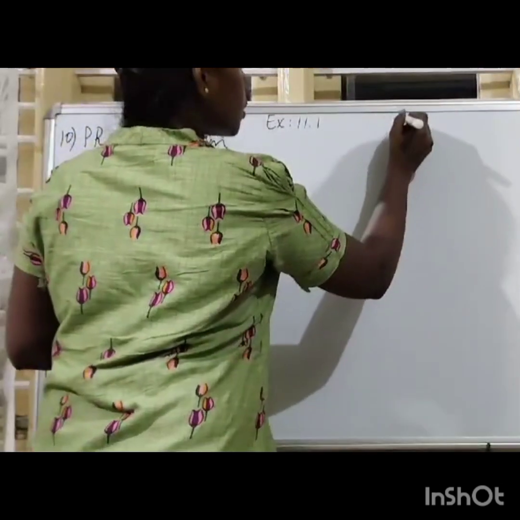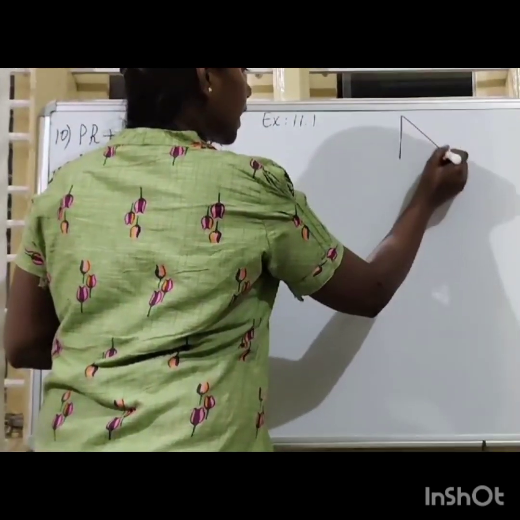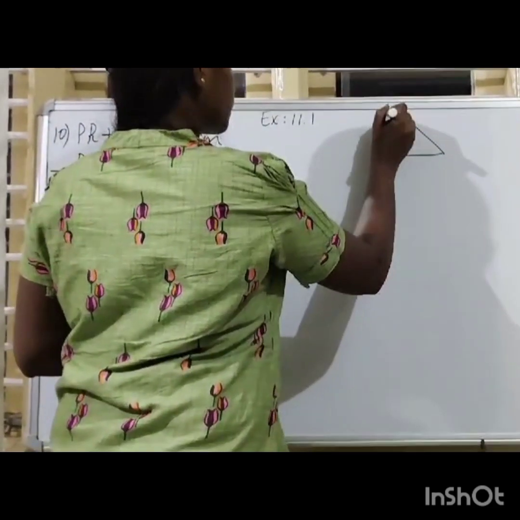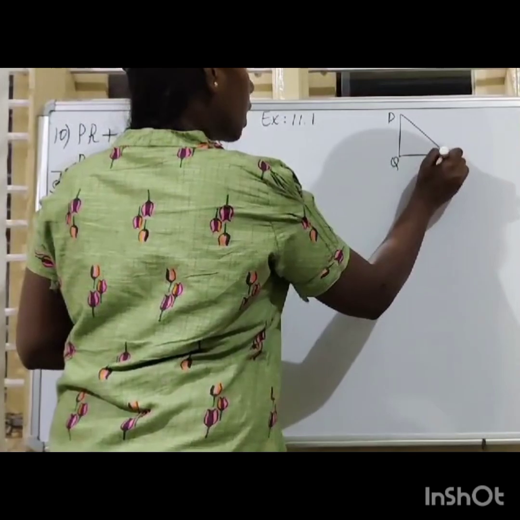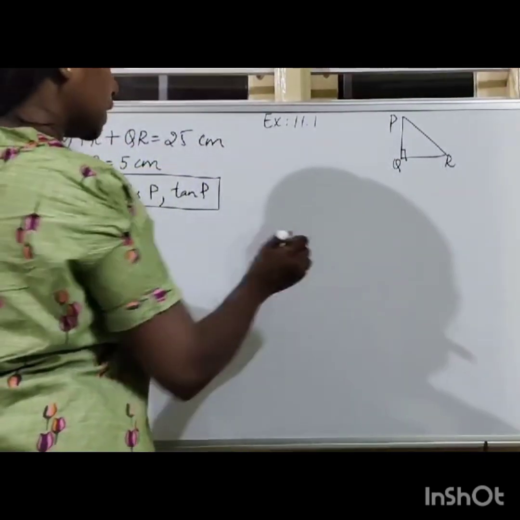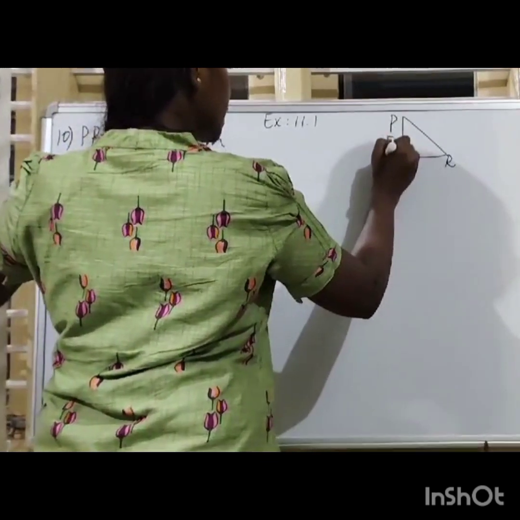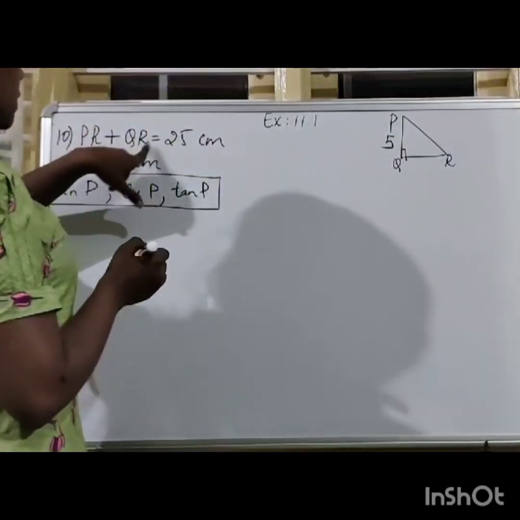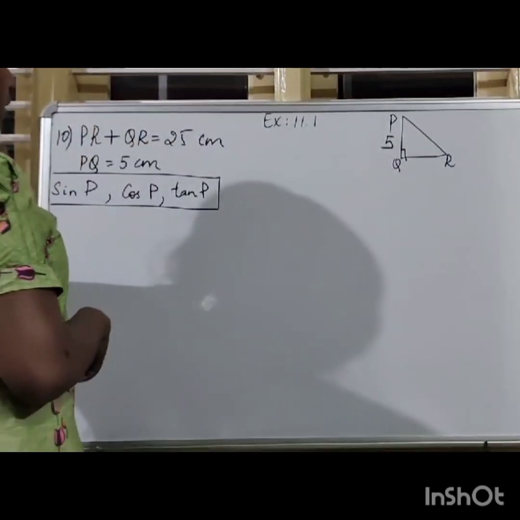So let us consider a right angled triangle PQR. It is saying that PQ is 5 centimeter, PR plus QR is equal to 25 centimeter.